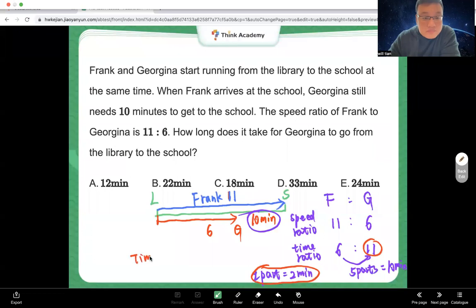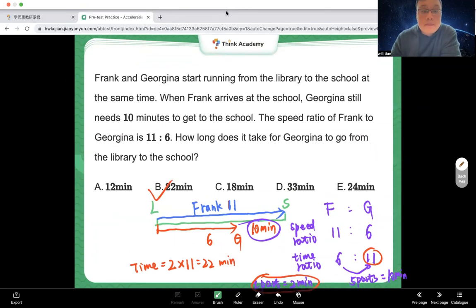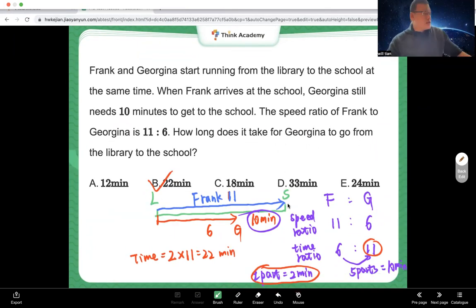The time for Georgina equals 2 times 11, which is 22 minutes. So that's why we choose B. Okay, guys, does that make sense about this question? Yep, that's all clear. No questions, so I'm going to move on.